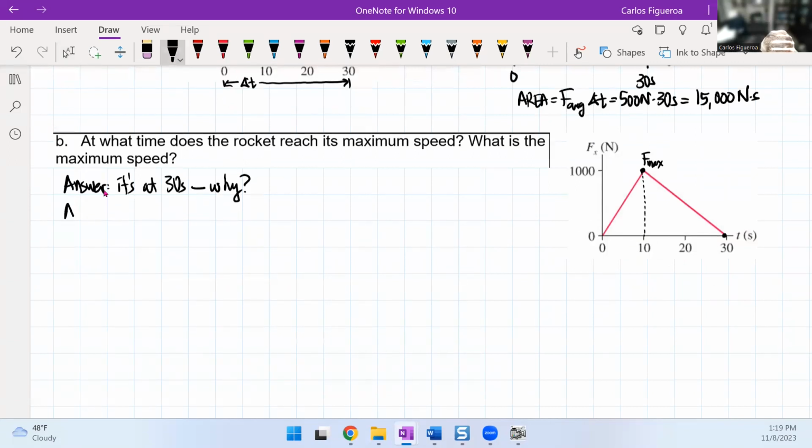Let's say that you're going to push a car to get it a push jump.